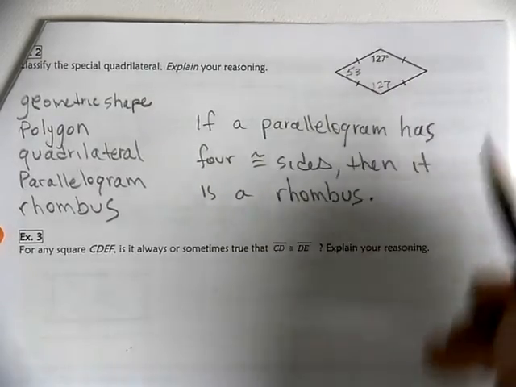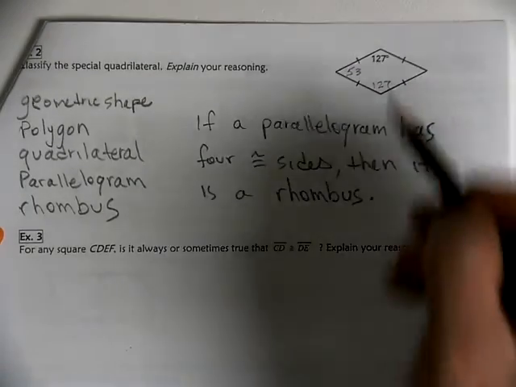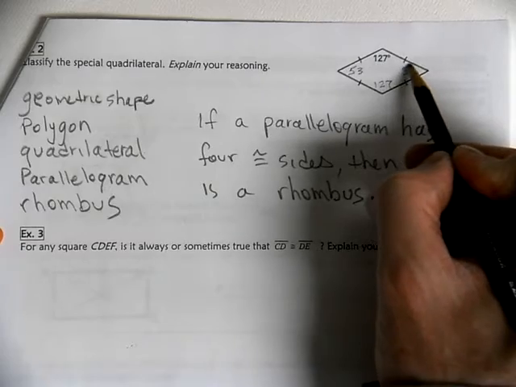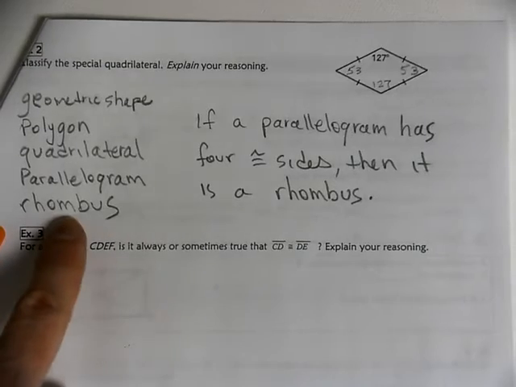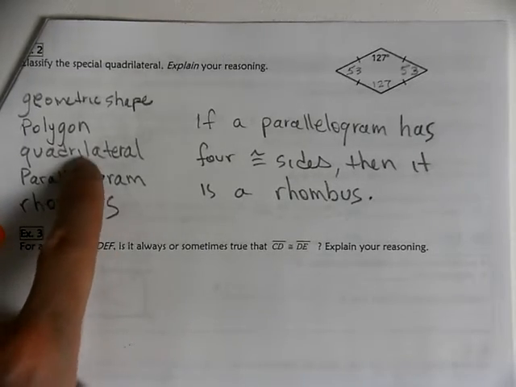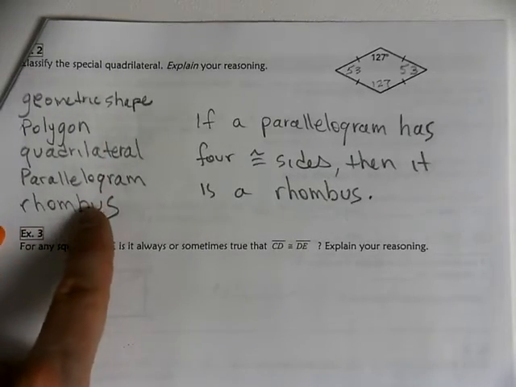So we know that that's going to be 53. And opposite angles are congruent. So if we needed to know those other angles, we now know for sure they're not 90, 90, 90. This is not a square. This is just a rhombus. That's the best name. That's full credit if you say rhombus. All these other names are not specific enough.